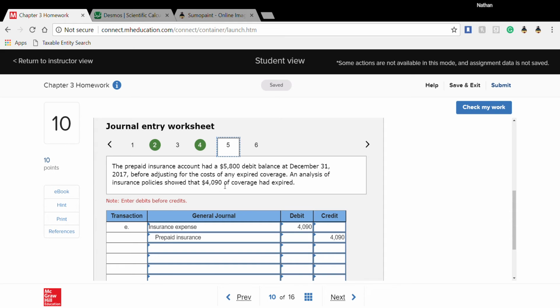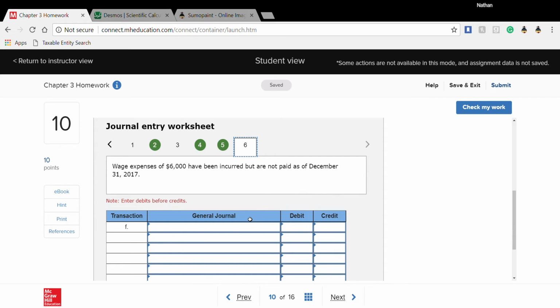It will not be the true amount. So watch out, that one's trying to trick you right there. You have to pay attention to the keywords of what's going on. If it says anything about has expired, then that's the adjusting entry. If it says it's unexpired, that's your ending balance.